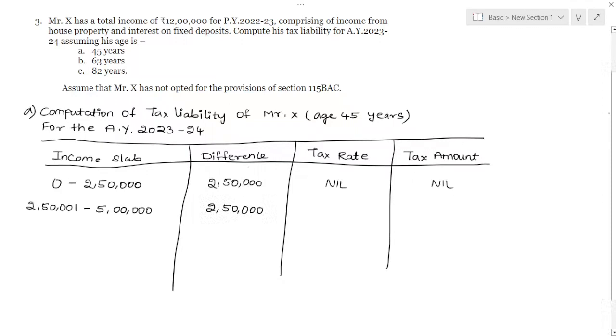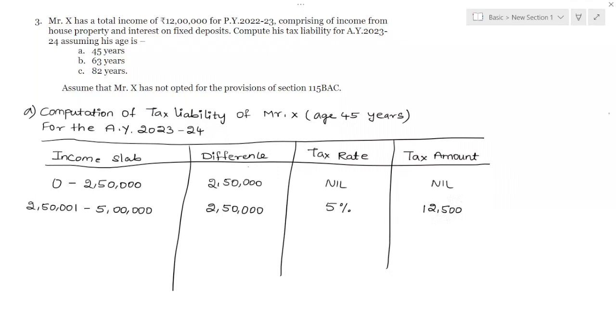Hey, it is a rough estimate, not exact. Now, what is the tax rate? 5%. Now 2,50,000 into 5%, how much will it come to? 12,500.